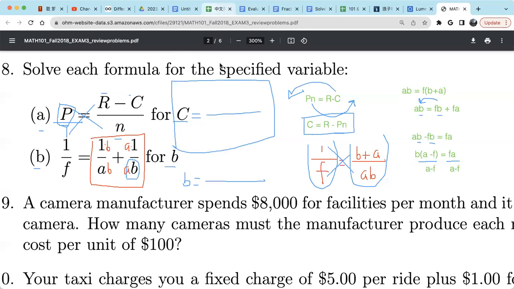Because when I do that, A minus F divided by A minus F becomes 1. So I'm left with B on the left-hand side. On the right-hand side, I just have FA divided by A minus F. That's my answer. So B is solved. B equals FA, F times A, divided by A minus F.